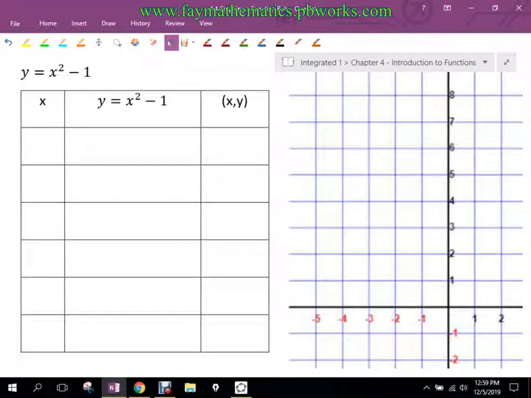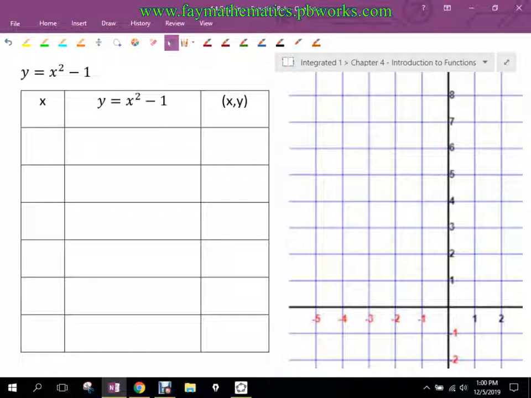When it's not a line, here's the thing. I told you when it's a line, it didn't matter what x's you chose, right? When it's nonlinear, the x's you choose are important, okay? And the idea is that you might not know what x's to choose. My suggestion is that when the power is different than 1, you choose values that are negative and values that are positive, okay?